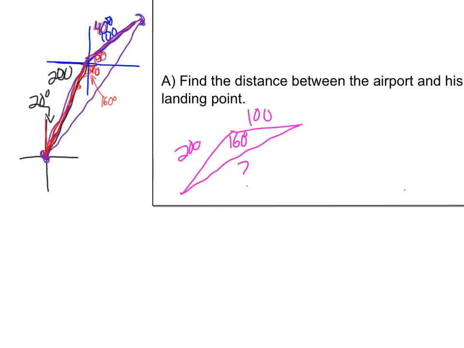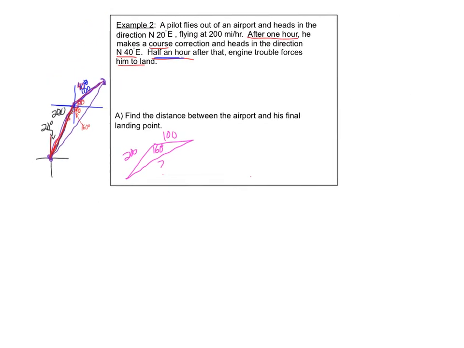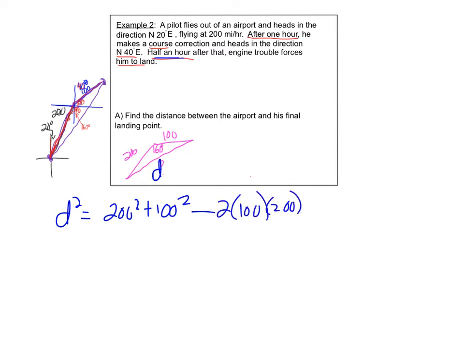So what this is screaming for is law of cosines. So that's what I'm going to do. I'm looking for this distance squared. That's going to be equal to 200 squared plus 100 squared minus 2 times 100 times 200 times the cosine of 160.